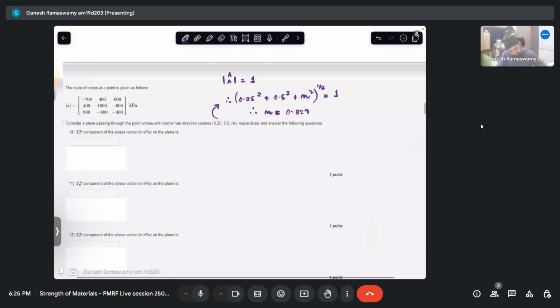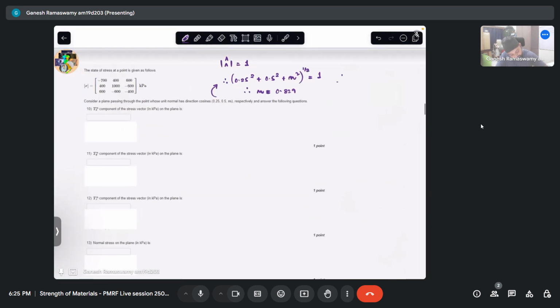So therefore n, the vector, is actually 0.25, 0.5 and 0.829.